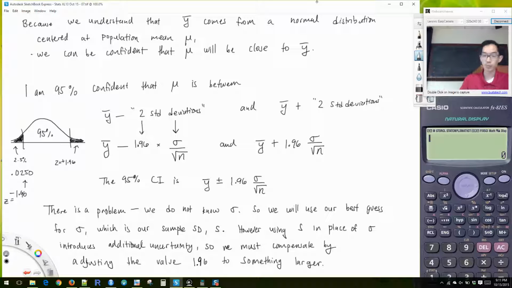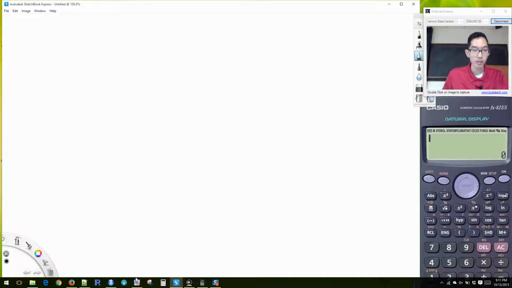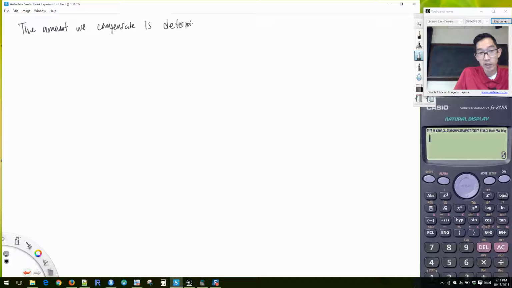And so if you pull out your t-distribution tables, I think it's the second page, the amount we compensate is determined by the t-table.